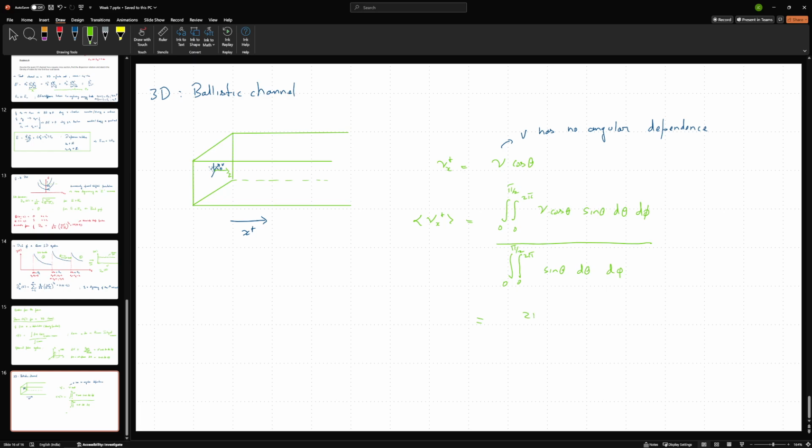So the numerator is going to be 2 pi times v divided by 2, whole divided by this quantity here. Now sin theta d theta is going to be 1 and not 1 by 2. So this is going to be 2 pi. So these two quantities cancel out. Vx plus is equal to v by 2.